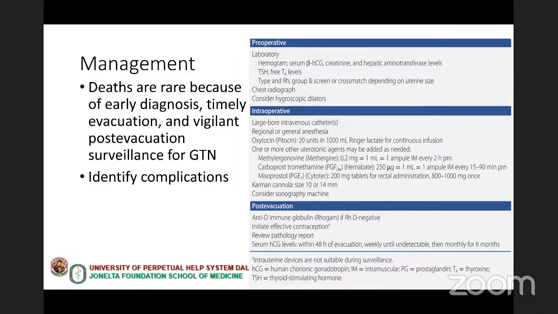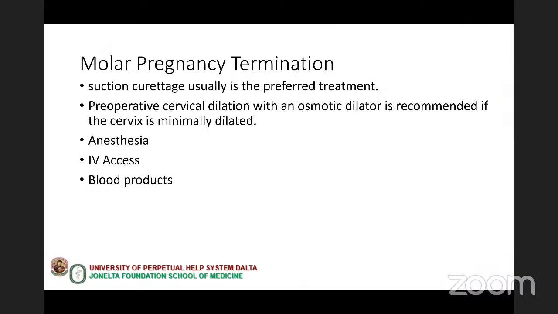So these are your preoperative, intraoperative, and post-evacuation recommendations, whether it be a laboratory recommendation or a procedural recommendation or a medicine that should be administered during evacuation. Termination, suction curettage is the preferred treatment.